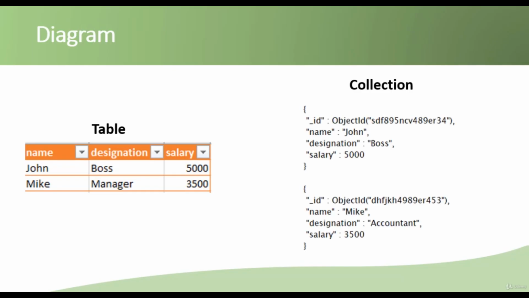This is the collection of these employees. Both database systems have the same data in their own way. You can see that in the collection, we have our records in the form of JSON. It is not JSON, it is pretty much like JSON. So table and collection are equivalent, as you can see in the diagram. One record in a table is known as a row, and one record in a collection is known as a document. Okay, so I hope that you understand.